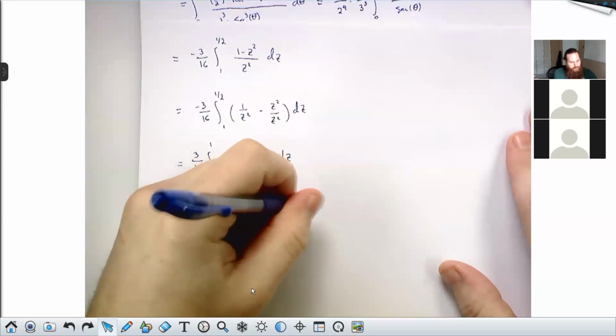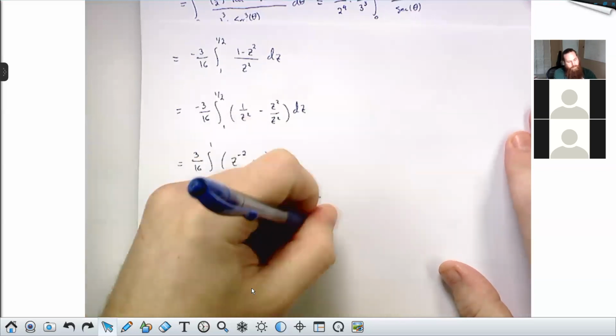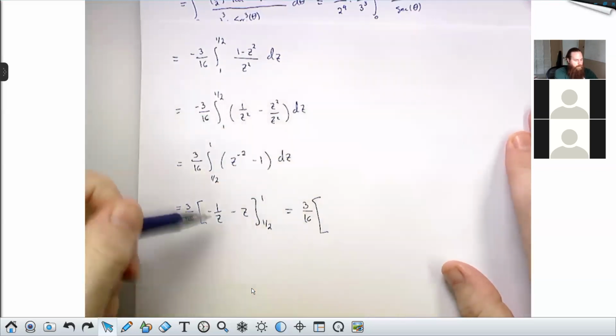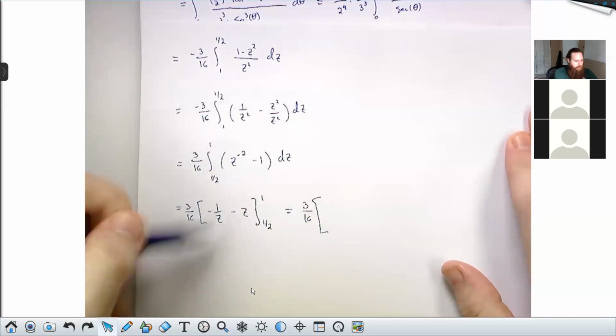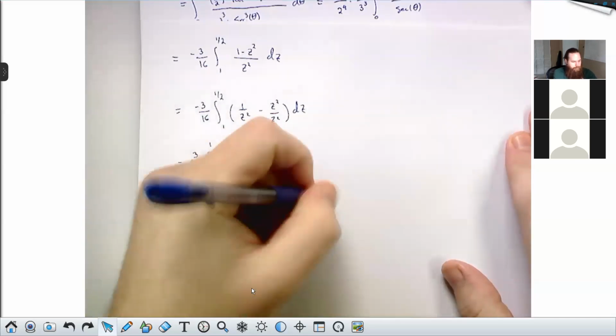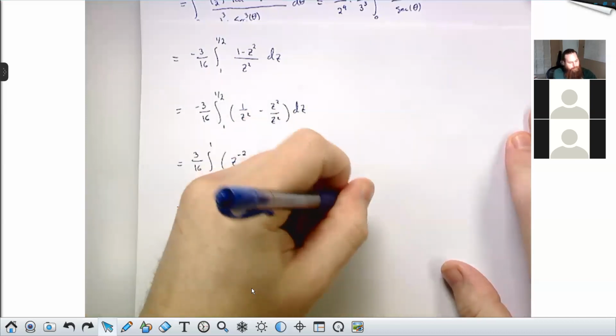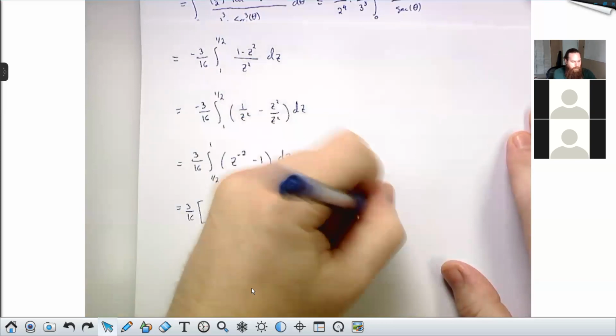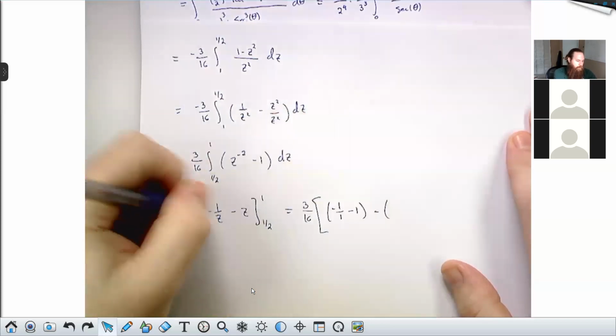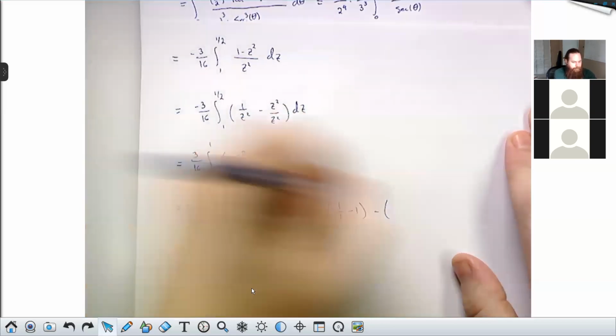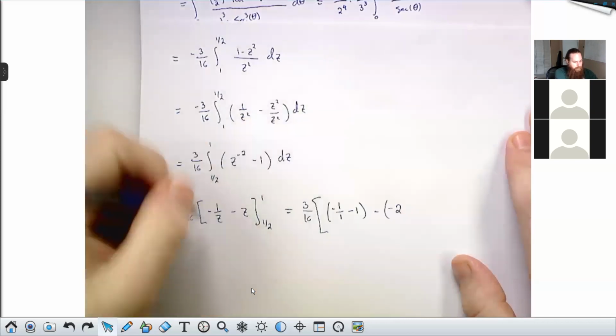So this will be 3/16 times, when I plug in 1, I'll get negative 1 minus 1, when I plug in 1/2, I'll get negative 2 minus 1/2.